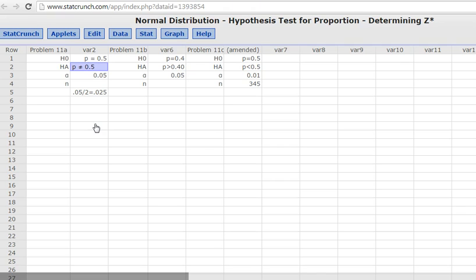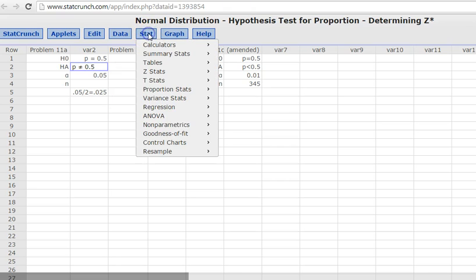We're going to look at both sides of the normal distribution curve. We also look at our alpha, which is 0.05. We have a two-tail test, so we divide 0.05 by 2 to get 0.025.